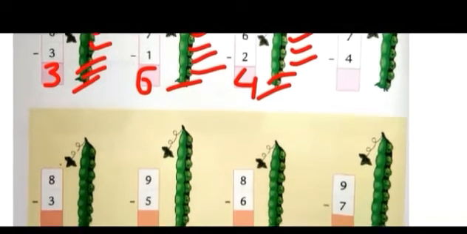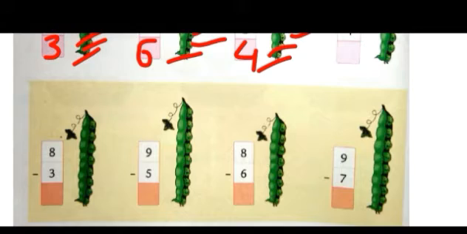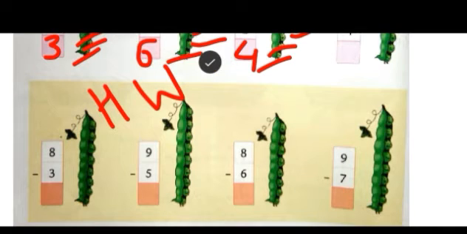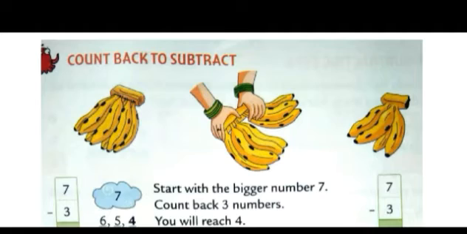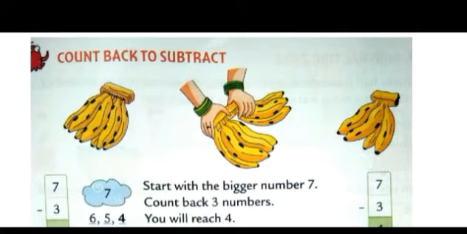Now, scholars, I would like all of you to do these remaining sums at home. This is your homework. Try to do this at home. Okay, scholars? Now, scholars, we move on to a new topic, that is count back to subtract. Here we will learn how to subtract a given number by counting backward.